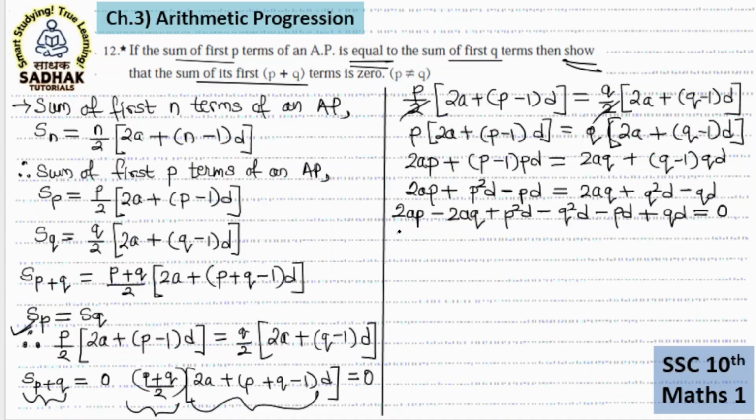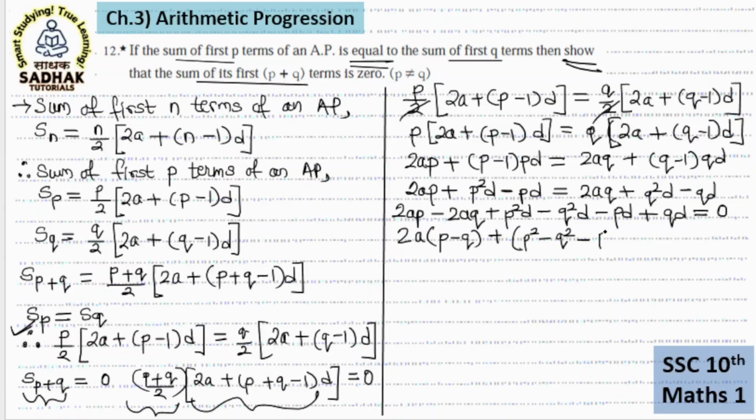Okay, now is there anything common in all these four terms? We see that d is common in all these four terms, so let me write it like this: p square minus q square, because d is common and we have to take it outside, minus p plus q, and d is common, so I am writing it at the end. Okay, fine.